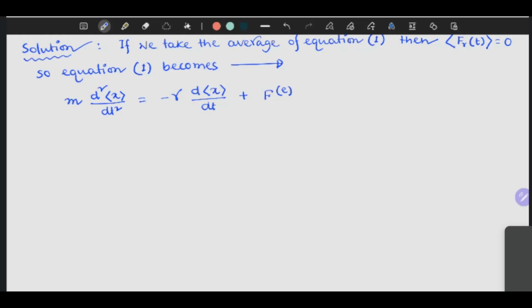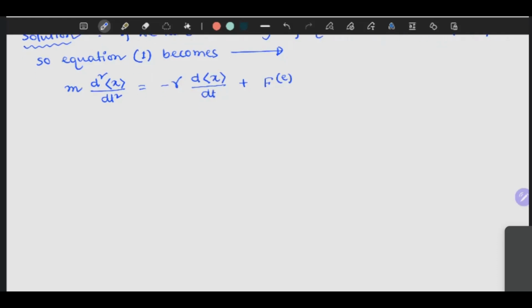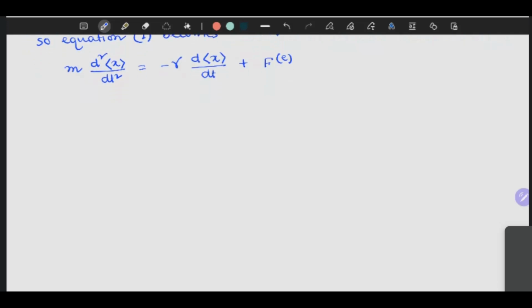Okay, so that actually becomes this. So at time t equal to 0, the mean x and the mean of dx dt, this velocity, are 0.